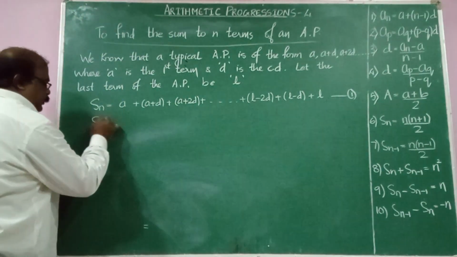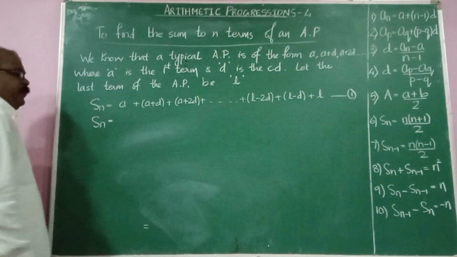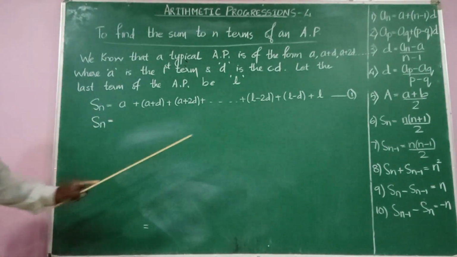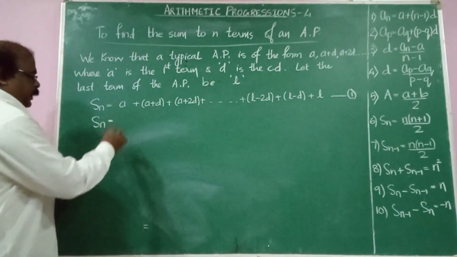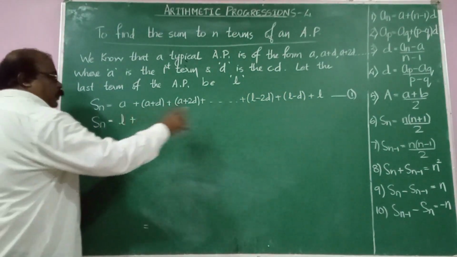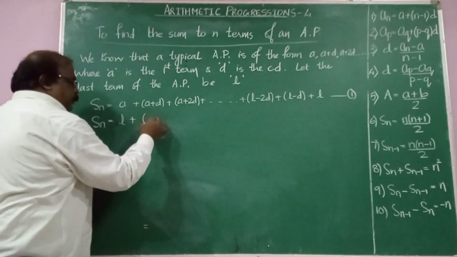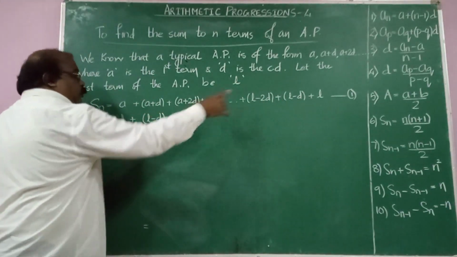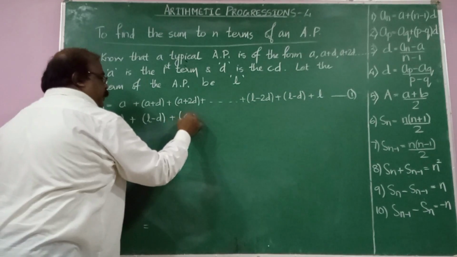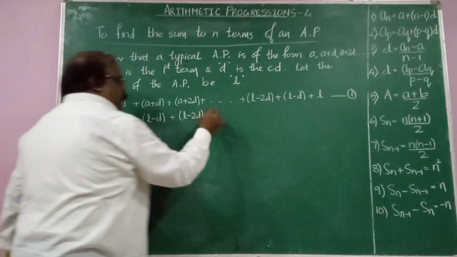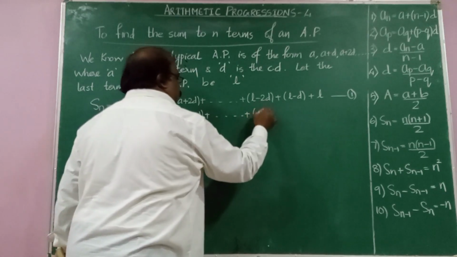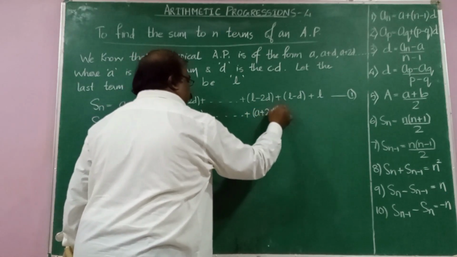Once again, just like how I had done in my previous derivation, I am writing this series in the reverse order. What was last, let me write first. What was second last, let me write second. What was third last, let me write it third. What was third, I write it third last.